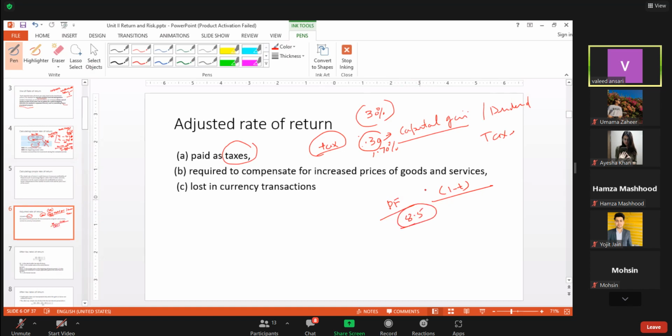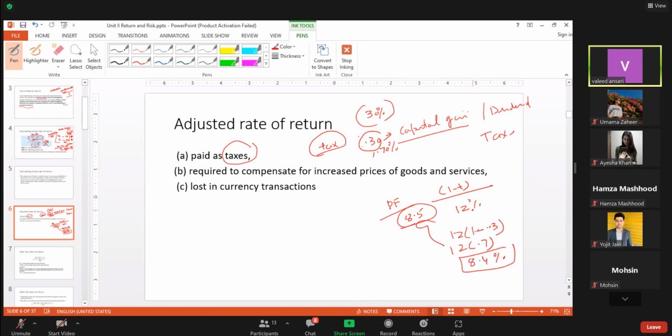But others may provide a 12% rate of return. A person who is receiving 12% return and is in the income tax bracket of, let us say, 1 minus 0.3, means 12 into 0.7, so the after-tax return will be 8.4%. So it is lower than the PF after tax. That is why tax is an important factor, the after-tax return, and we should take it into account. So an adjustment is made.